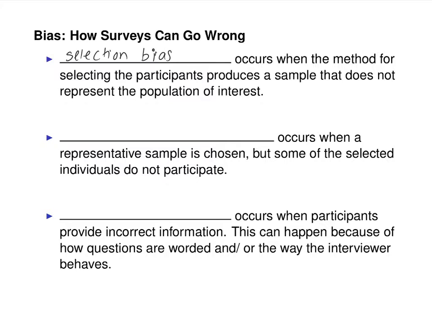So, for example, choosing the whole UAF basketball team as my sample. I'm probably not going to sample a lot of short people in that sample, right? Okay. Something called non-participation bias.